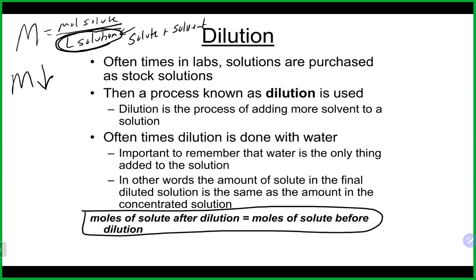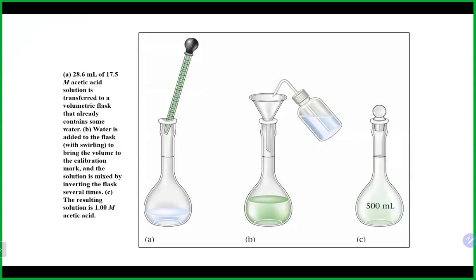Now, there is actually a formula that we use to do a dilution calculation, and this is one way you could do a dilution. This is a volumetric flask. Volumetric usually means expensive, and it usually also means there's just one marking on it right about there, for example. And that is the actual volume of the flask, so in this case it would be like 500 milliliters.